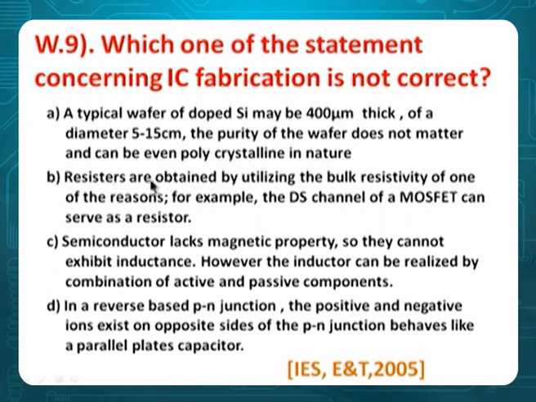Second, resistors are obtained by utilizing the bulk resistance of one of the regions. Third, semiconductor lacks magnetic material. Fourth, in a reverse biased PN junction, positive and negative ions exist. So which one is correct concerning IC fabrication?